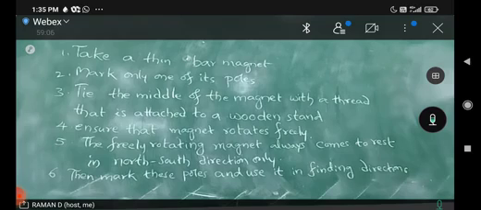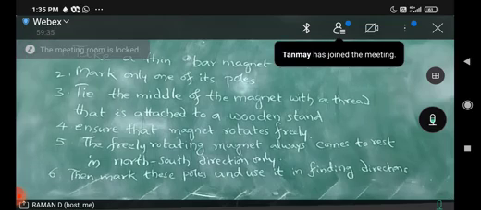Pivoted means it is attached to a hook-like structure in such a way that this magnetized needle can move freely. This compass has a dial with known directions marked on it. Right?